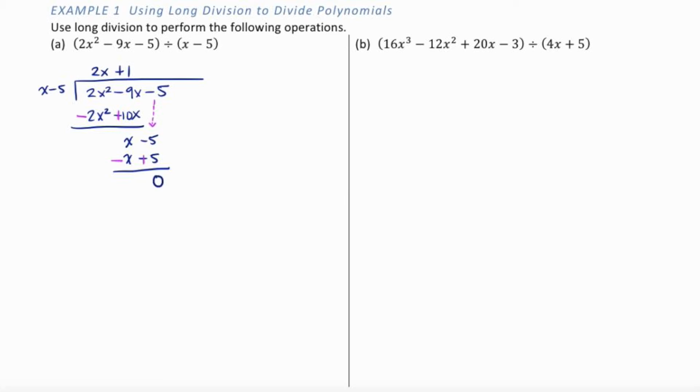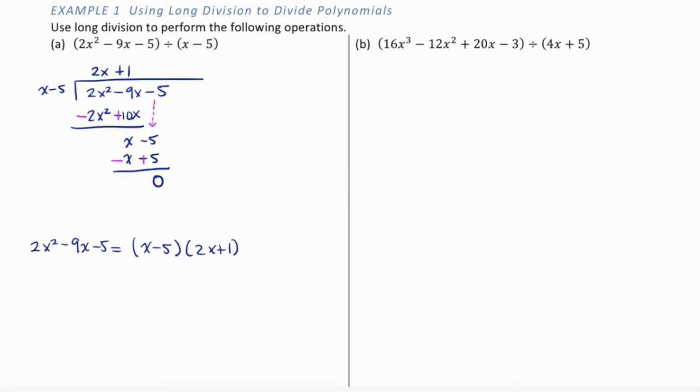These add up to 0, and you end up with a remainder of 0. So this tells us that 2x squared minus 9x minus 5 equals x minus 5 times 2x plus 1. Since our remainder is 0, we don't add anything to the end. So we have here our divisor times our quotient equals our original polynomial.